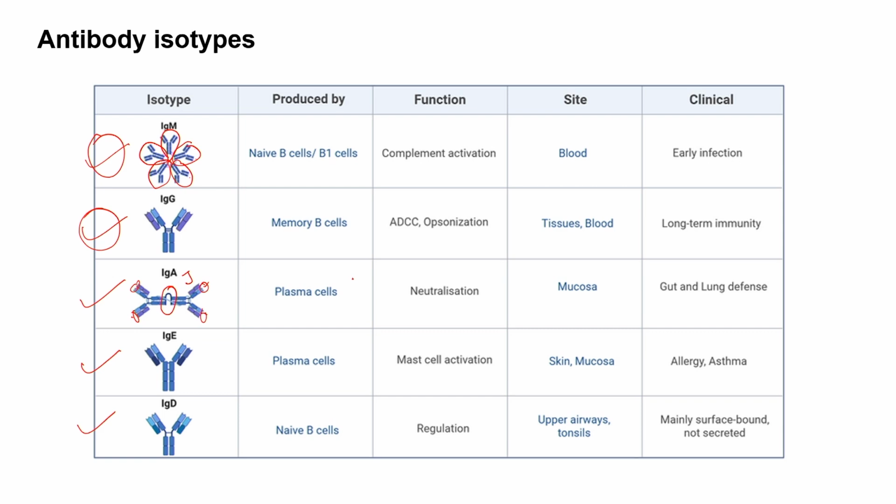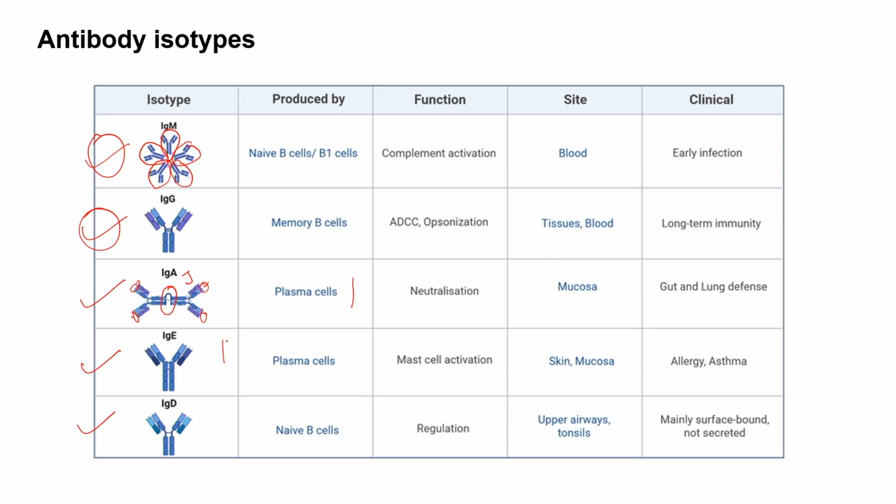IgA is also a plasma cell specimen. These are actually secretory immunoglobulins. So they can secrete. So whenever there is a secretion, such as the nostril secretion, the lacrimal secretion from the eyes, or say saliva, they contain these secretory immunoglobulins, IgA. These are very local in nature.